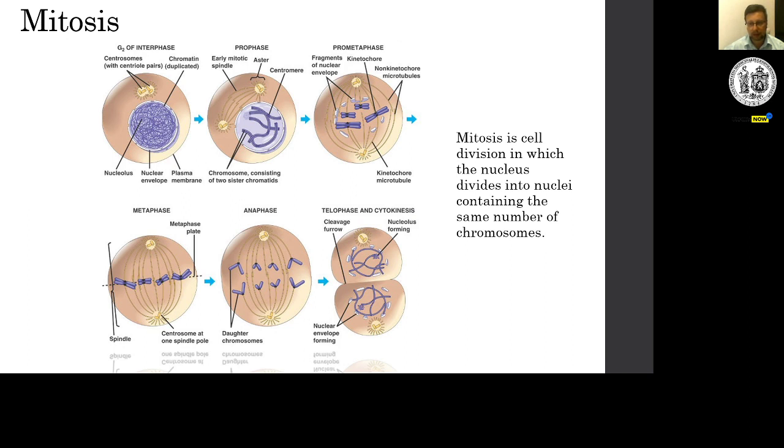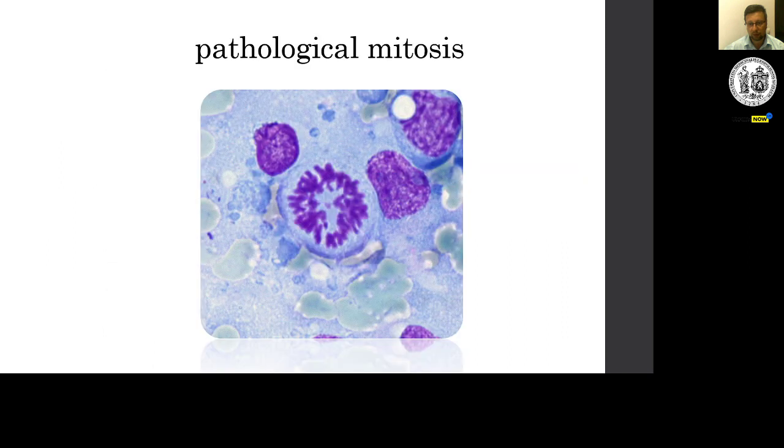We know that it is the cell division in which the nucleus divides into nuclei containing the same number of chromosomes. In the case of radiation therapy, this process will be disrupted and become abnormal due to the increased number of abnormal mitoses, mutations, and aberrations, and as a result there is an increased rate of apoptosis inside the tumor. We can see here an example of pathological mitosis under the microscope.